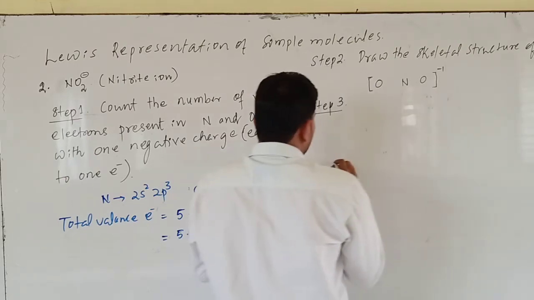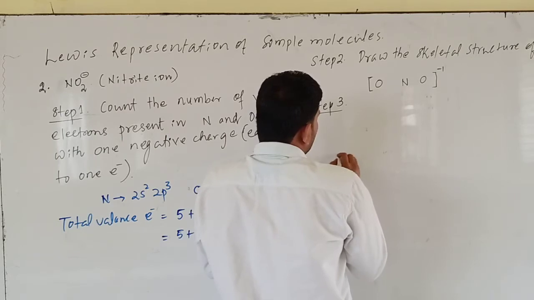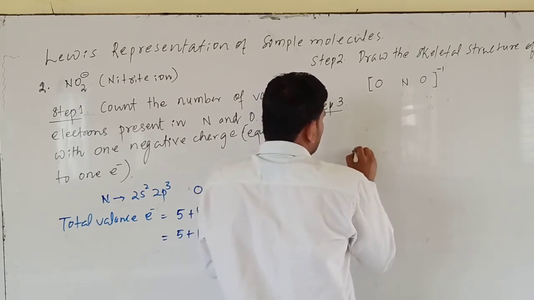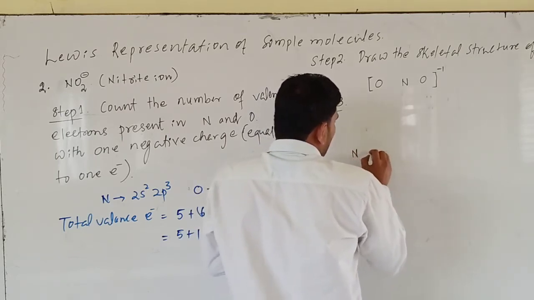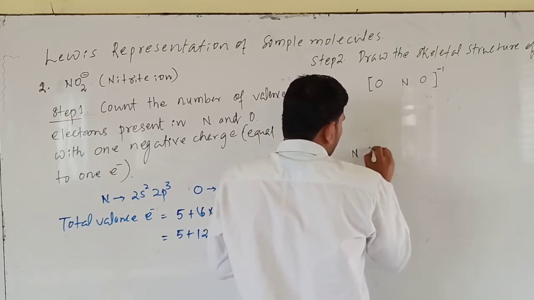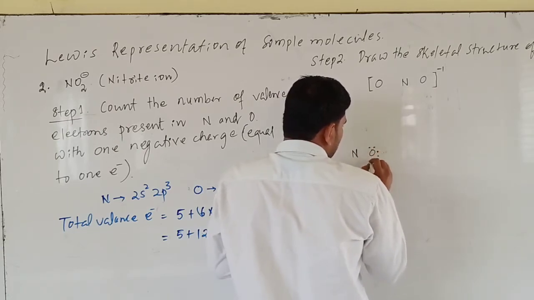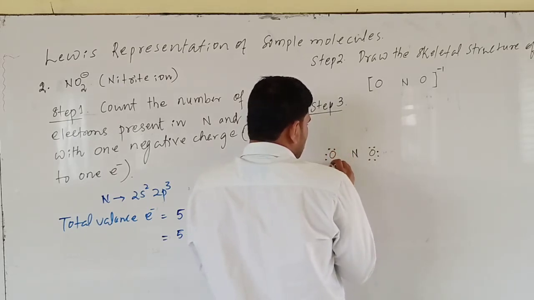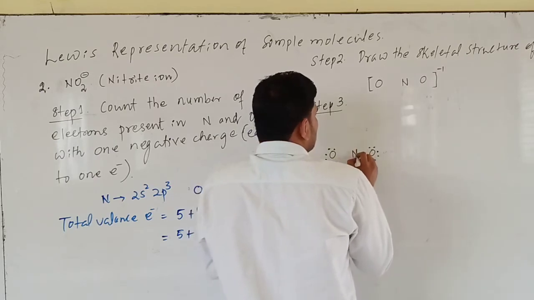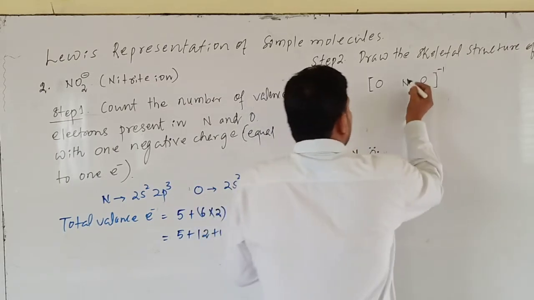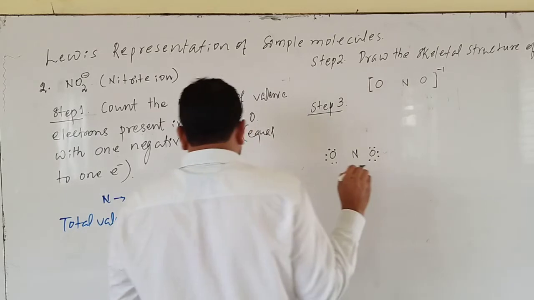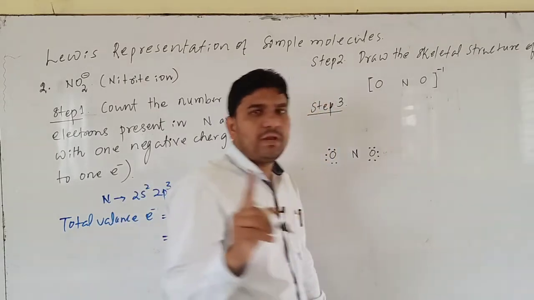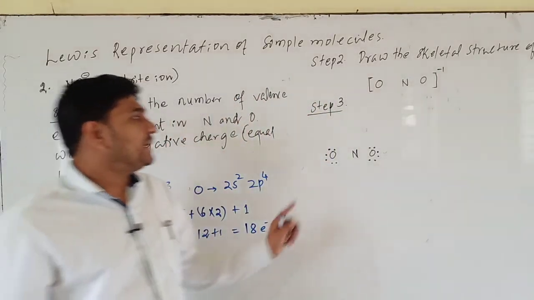Now step 3, what do you need to do? We will go step by step slowly. Oxygen contains 6 valence electrons, so write this down: both oxygen atoms contain 6. Nitrogen is 5 plus 1 extra electron from the negative charge.